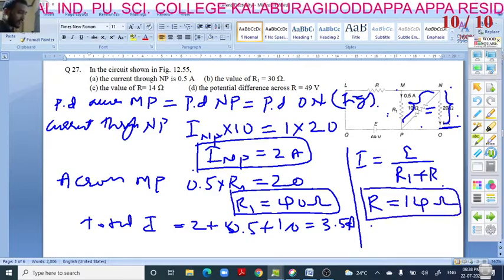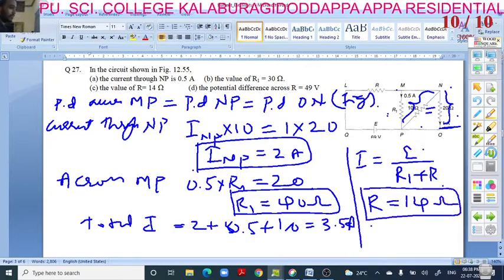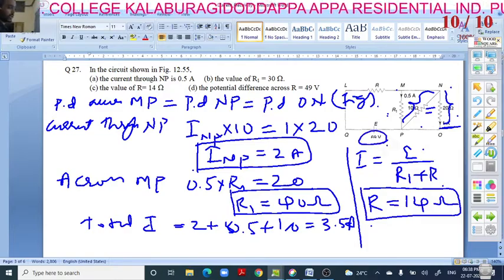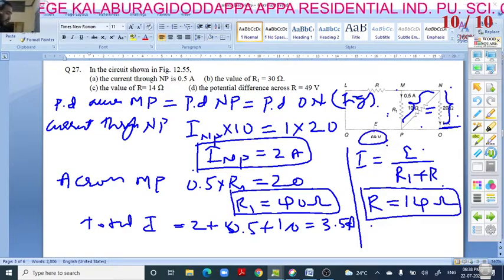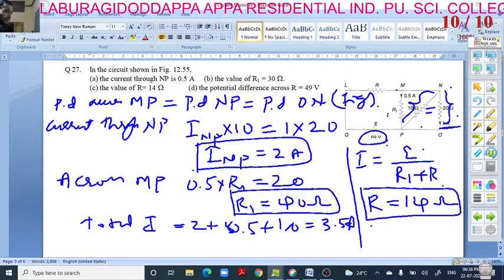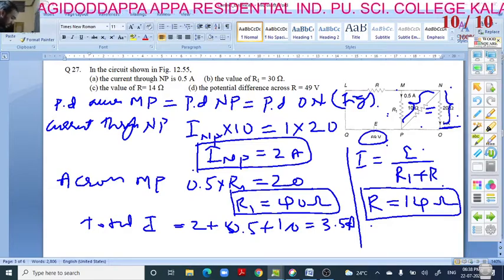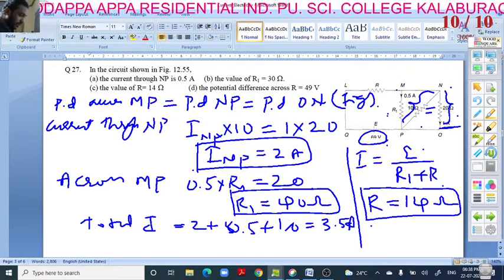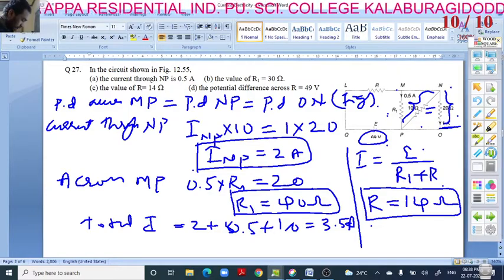All the values we have here. See, E is equal to 69 volt here. 69 volt he has given, and here we got R1 also. So just to calculate here, right? So by using this formula, we will get R is equal to 14 ohm.